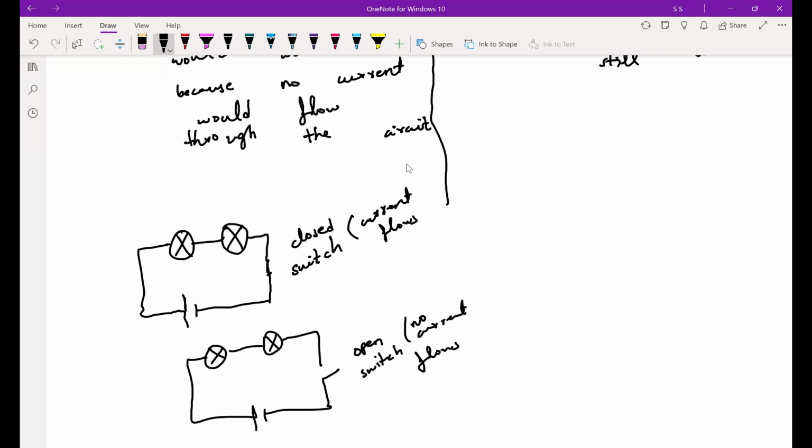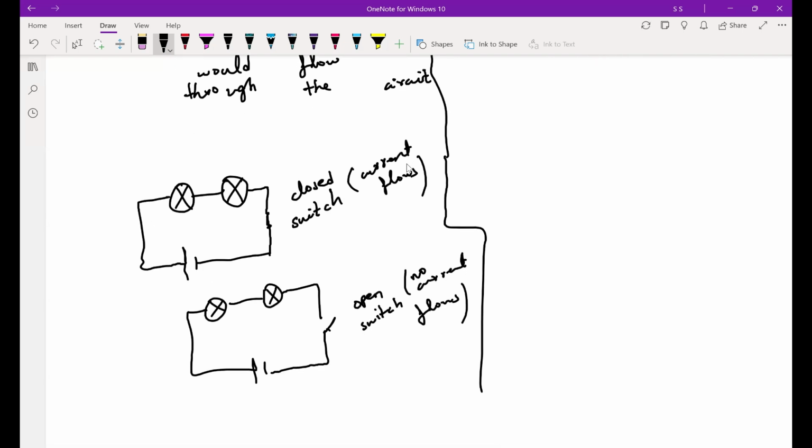So in a series circuit, if I want to control current in the circuit, I will just open the switch. Like if I want current to stop, I'll just open the switch. So both the lamps will stop shining. Here, both the lamps were working, while over here, none of the lamps work. So I can't control individual lamps here.